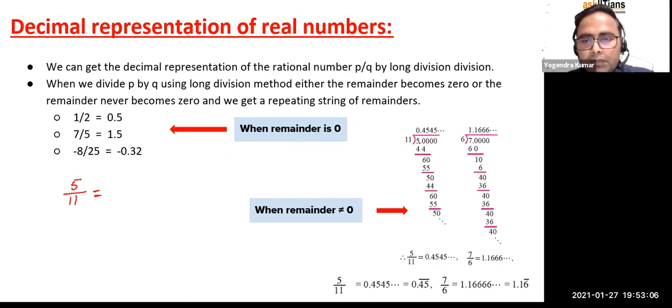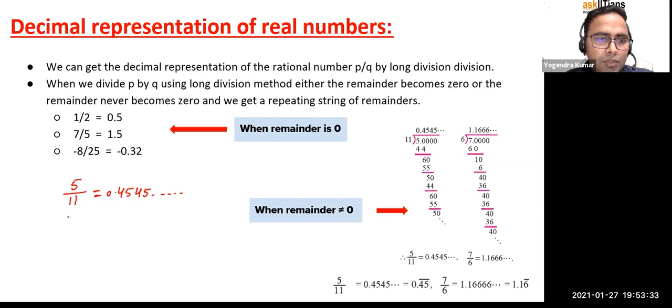We write 0.000, and now 11 we need to divide into. We need to add 0, so 0.4 and 44 here like this. So what is the form we are going to get? 0.4545, and so on. So can you see this? It is a rational number.